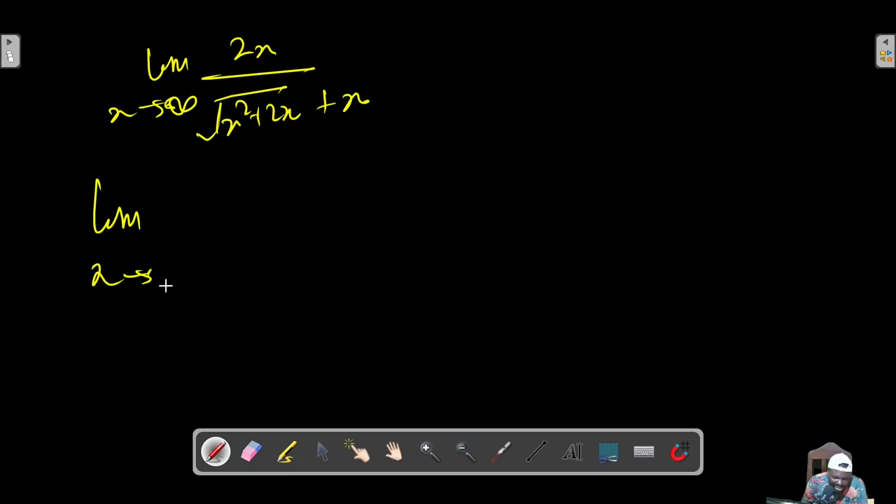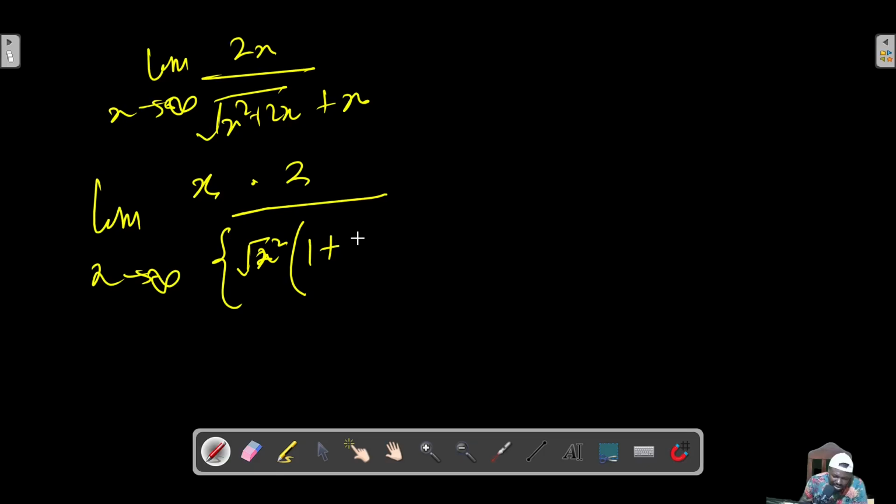The limit as x is approaching infinity, factorizing x out for the numerator. Now for the denominator, I can factorize out root x squared out. Now what do I have? 1 plus 2 over x, because I'll divide this by x.